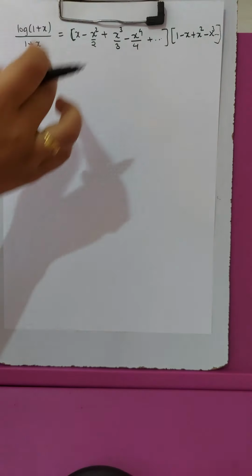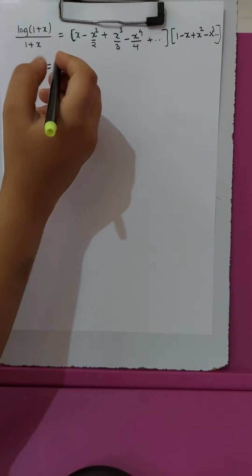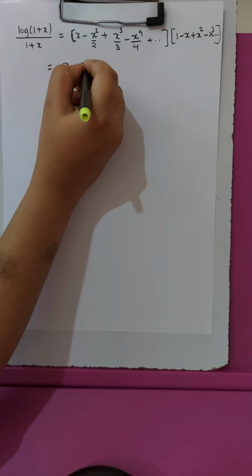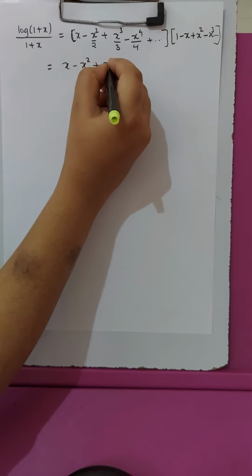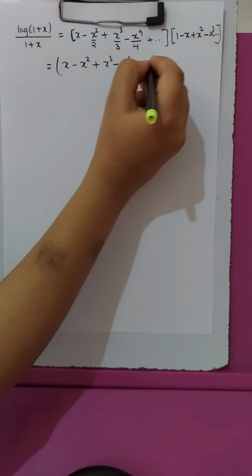So now we take the multiplication of these two brackets. Multiplying by x to this whole bracket, we get x minus x square plus x cube minus x to the power 4 plus up to so on.